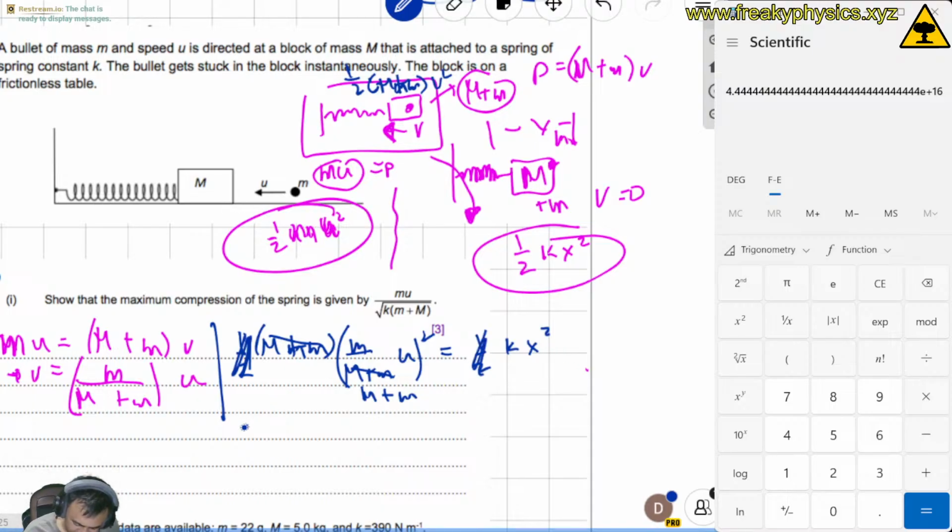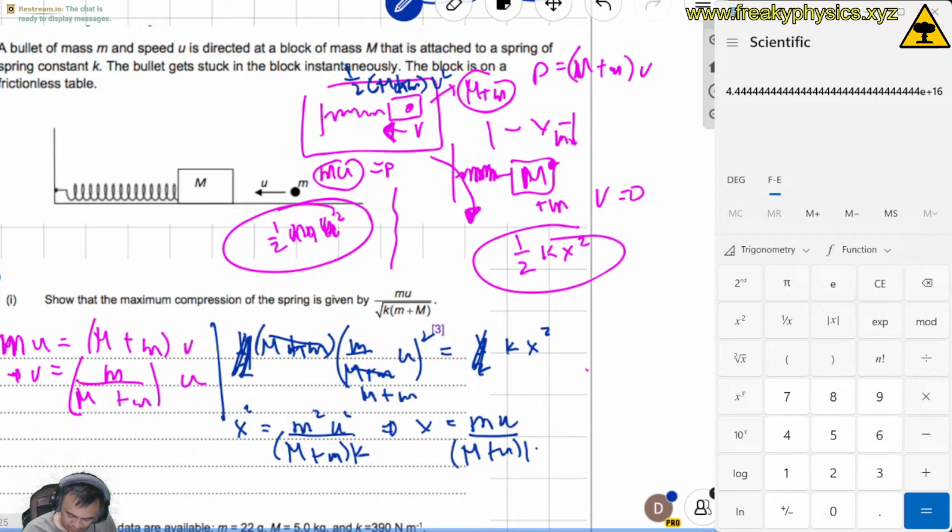We're looking for x, so do x squared first. x squared will be equal to m squared u squared all over m plus m, and then we have the k. From here you finally get x, we take the square root of everything, mu divided by the square root of the combined mass times the spring constant.